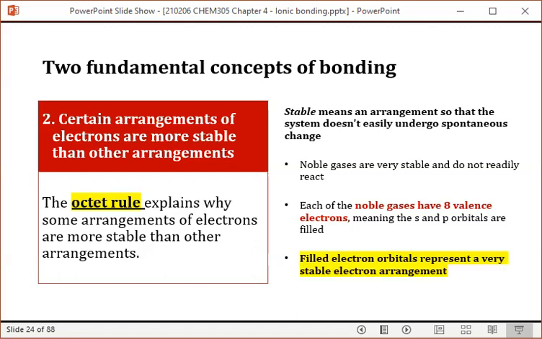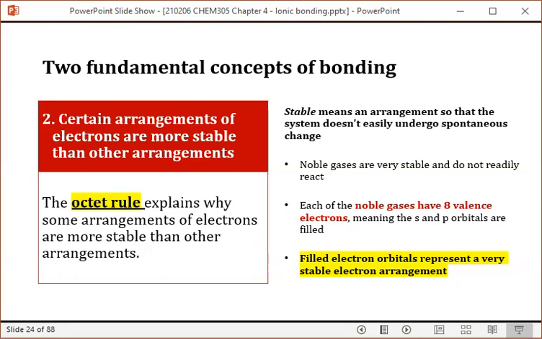So putting these two together, a filled electron orbital or a filled highest principal quantum number of subshells represents a very stable electron arrangement. So if an atom has completely filled s and p subshells at their highest principal quantum number, their highest energy subshells are completely filled up with electrons, we expect them to be very stable, just like noble gases that have filled s and p subshells are very stable.